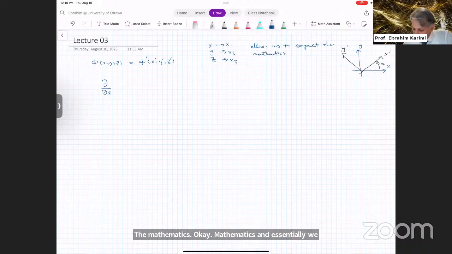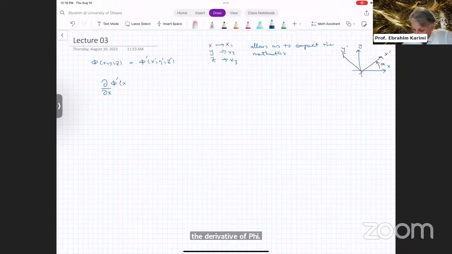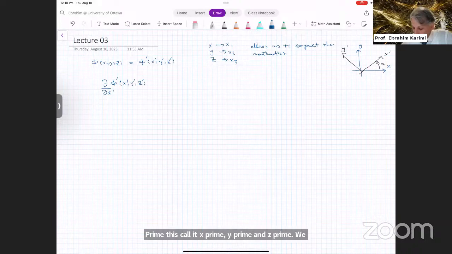So if you take the derivative of phi prime, with coordinates x prime, y prime, and z prime, with respect to x prime, since phi prime is identical to phi, we replace it with x, y, and z, and then you have to take the derivative with respect to x prime.